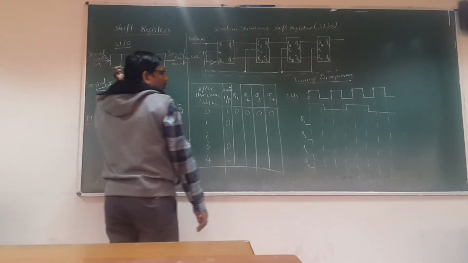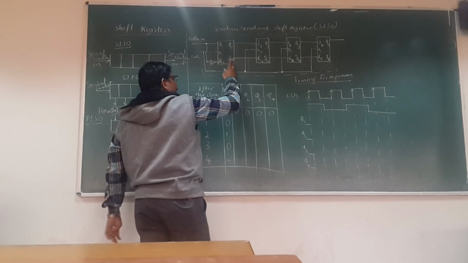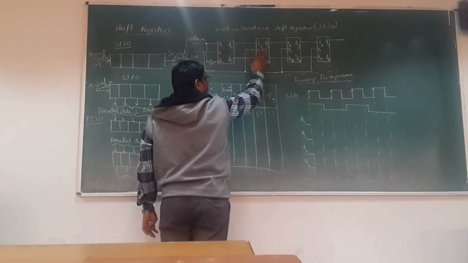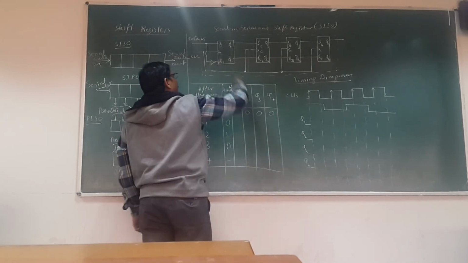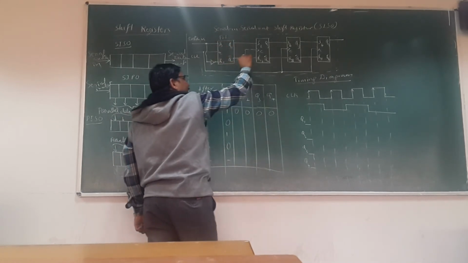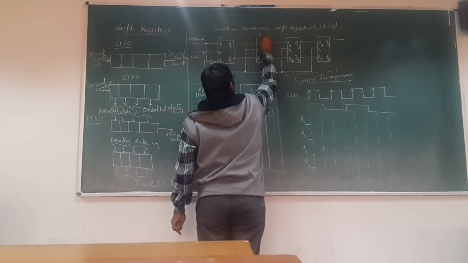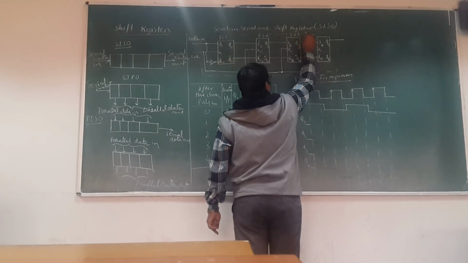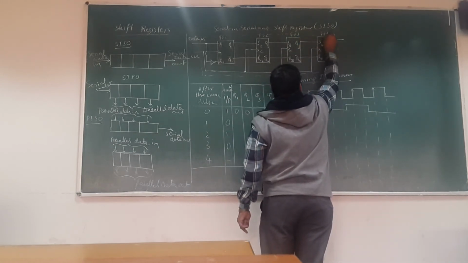So here what we are going to do: the outputs of each flip-flop, that is Q1 and Q1 bar, are the inputs for the next flip-flop. Let's call these flip-flops flip-flop 1 or flip-flop A, anything we can call it. This is flip-flop 2, this is flip-flop 3, flip-flop 4.